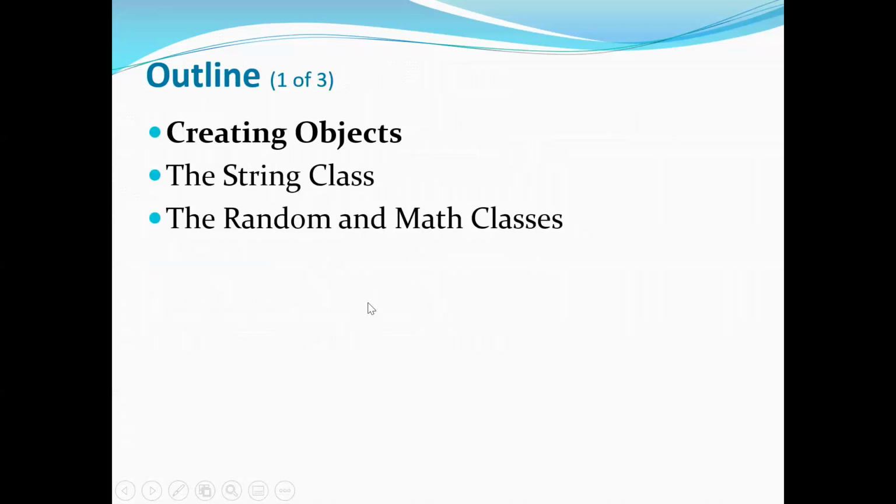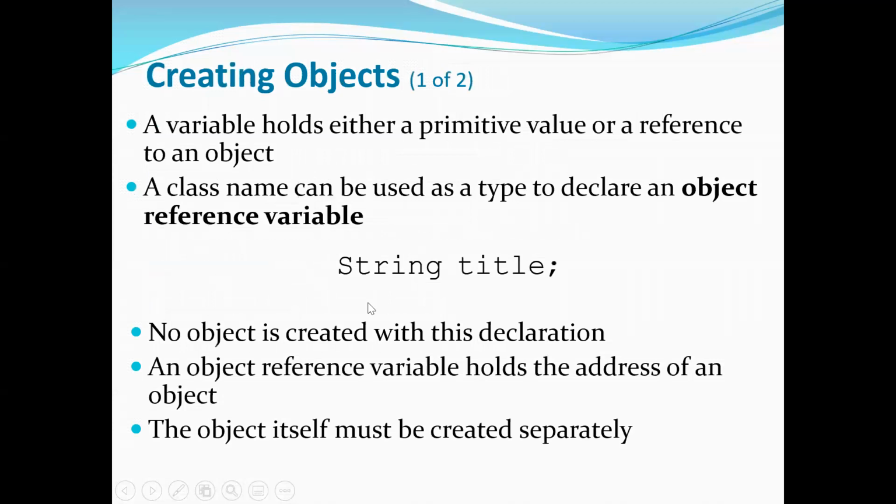So first we start with creating objects. Here we said a variable holds either a primitive value or a reference to an object. We covered the concept of a variable in our previous lectures, chapter 2, and how we can assign values to a variable. We also discussed different types of variables or data types. For example, int, double, long, these are all primitive data types.